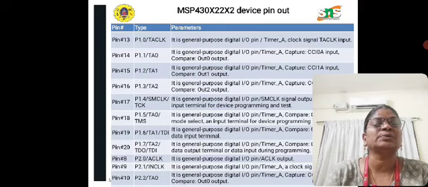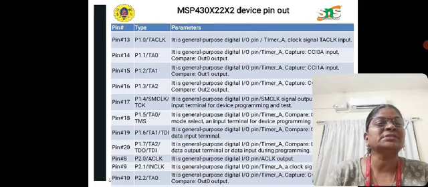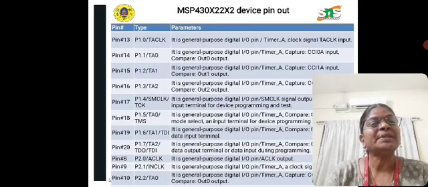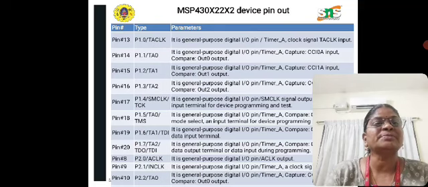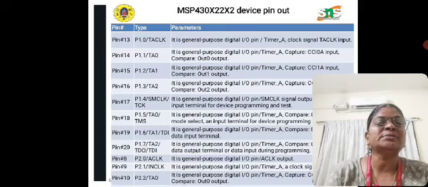Next, pin 15 is a general purpose digital input output pin. This is to compare output with output. And pin 16 is a general purpose digital input output pin, same, which is used to compare the output. And pin 17 is a general purpose digital input output pin, which has the input terminal for device programming and test.